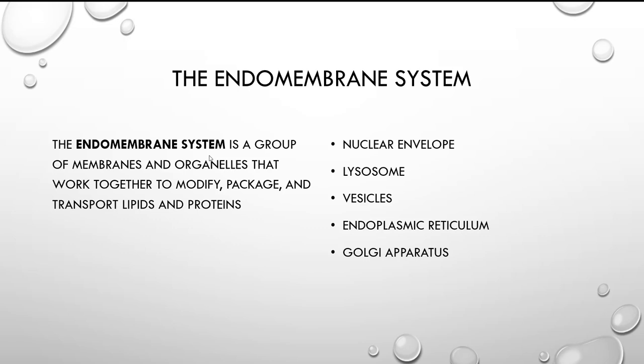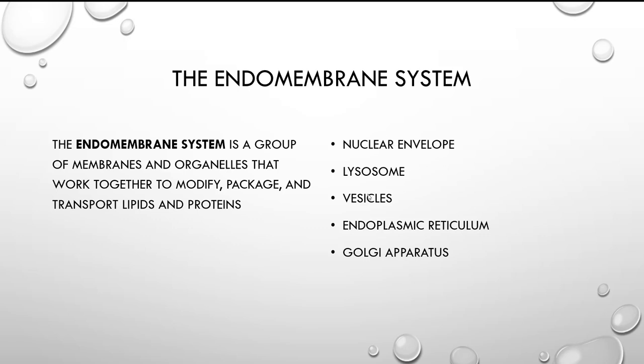And what is insulin? Insulin is a hormone that is used to help regulate your blood sugar levels. And so the endomembrane system in your pancreatic cells is working together to modify, package, and transport insulin out of the cell.